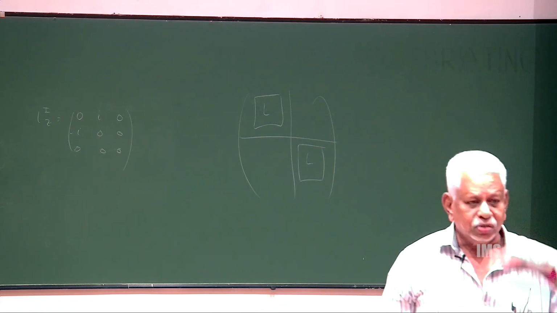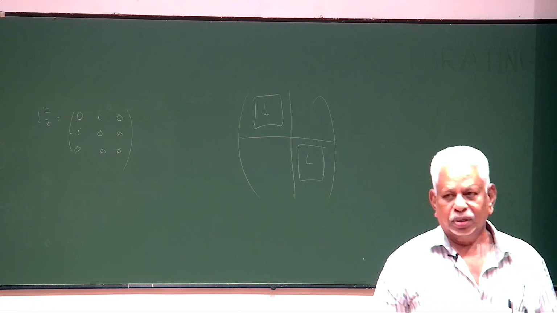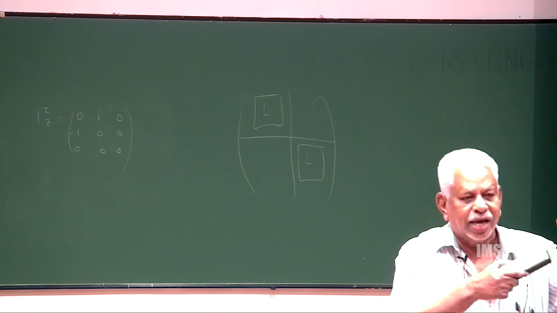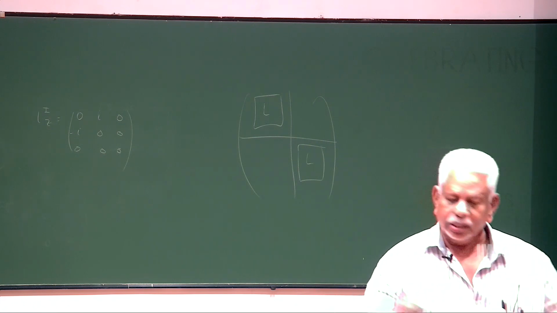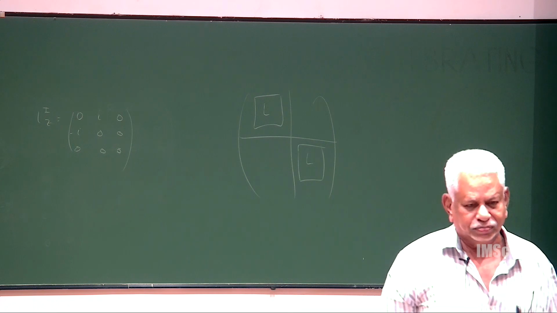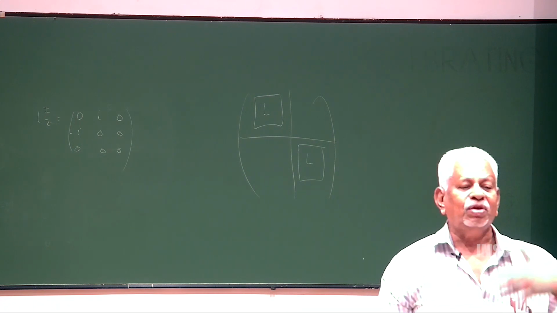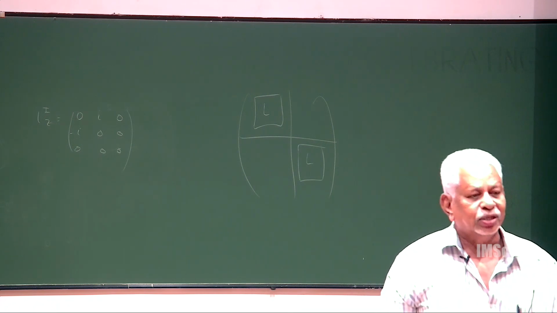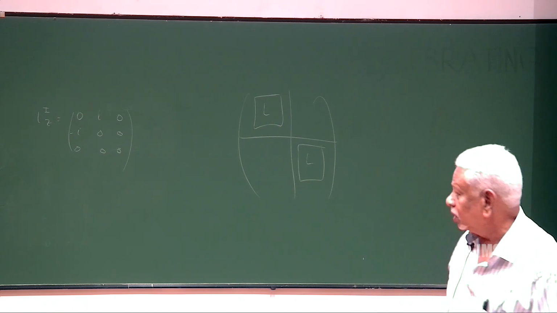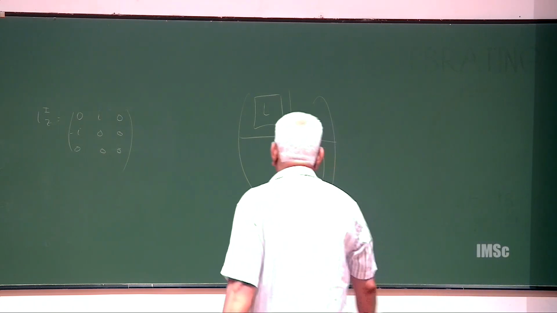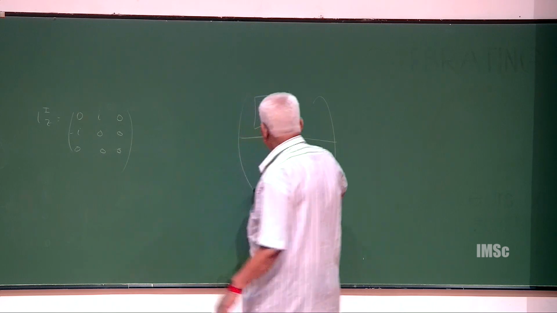You can block diagonalize it. You can make it into two blocks, and each one of them satisfies that equation. So that is not giving you anything new. It's only what you know already, put in different blocks. So this is reducible.